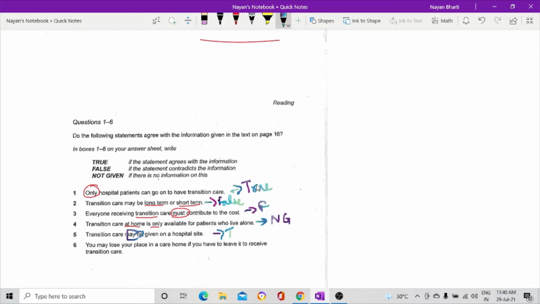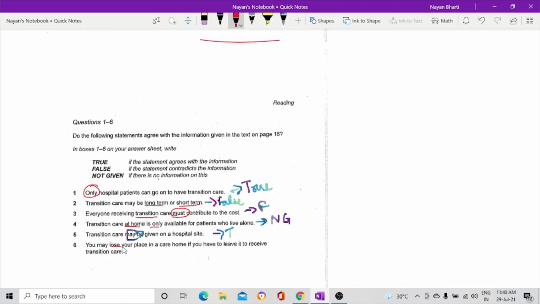Sixth: you may lose your place in a care home if you have to leave it to receive transition care. Okay, so the question is saying if a patient is going to transition care, then his place in the care home will not be retained. You will lose it.